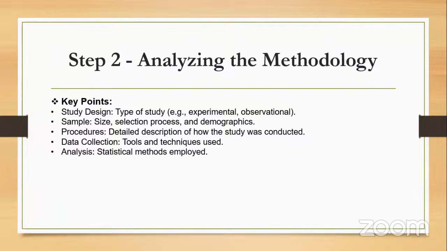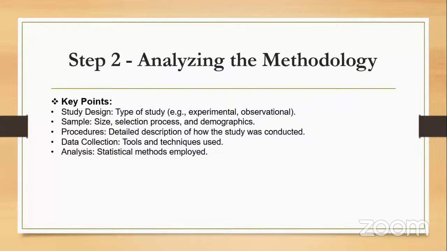The second step is analyzing the methodology. The key points of the methodology are that it contains a study design, which is the type of the study. We must look for a study design that's similar to the knowledge we are seeking. For example, if we are looking for a causality relationship between two things, we must look for cohort or case control studies rather than just cross-sectional studies.